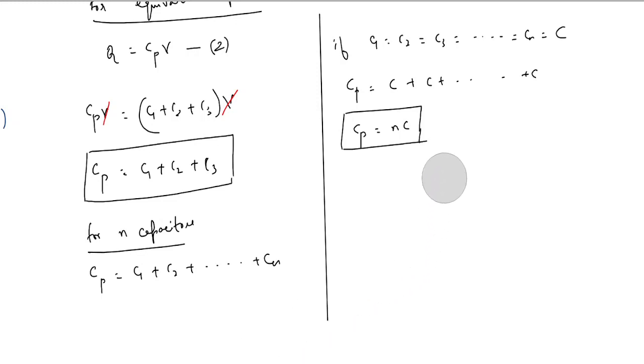So as seen here, we found that the equivalent capacitance would be greater than each capacitance value. So Cp would be more than all the values. Combining them, it will be greater.